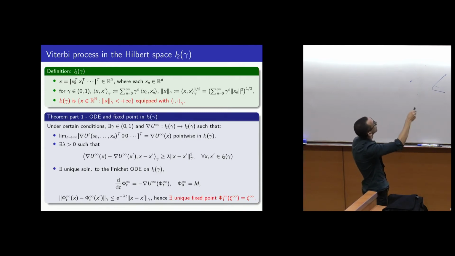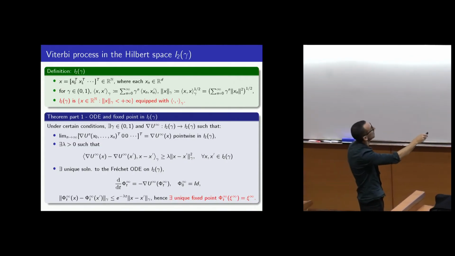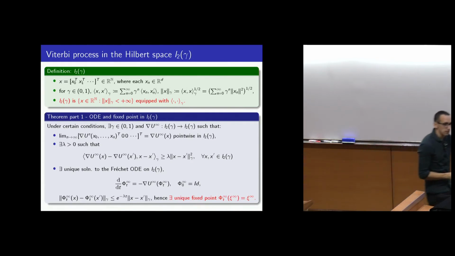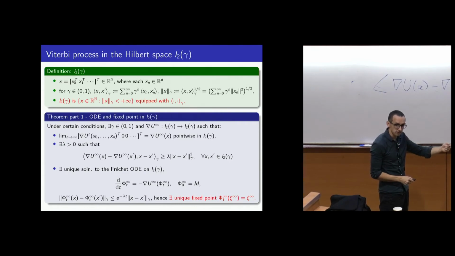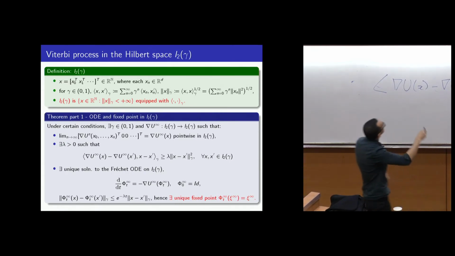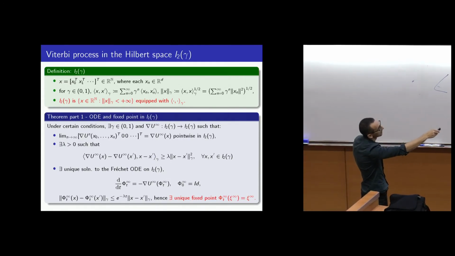I've got an ODE basically on the Hilbert space, and because I have this property, or by the same arguments that I showed you before about ODEs, I have this contraction property, and so I know that there must be a unique fixed point of this flow, right? And this thing, psi infinity, is what I want to eventually be the Viterbi process. Okay? Makes sense? Okay. So, this is just a kind of complicated way to obtain this fixed point, right?